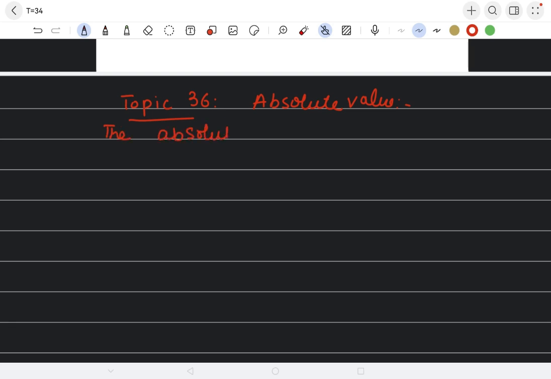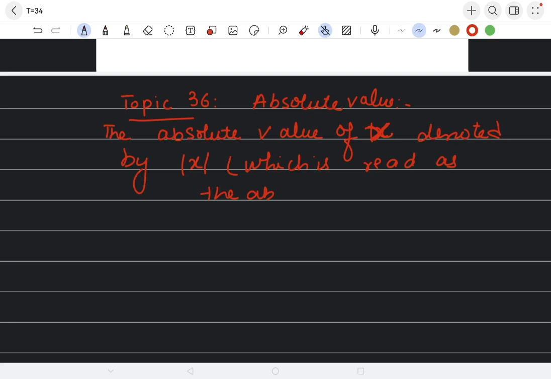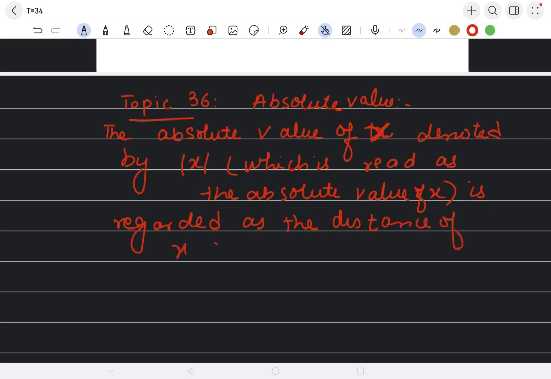The absolute value of X, denoted by modulus of X, is read as the absolute value of X, and it is regarded as the distance of X from 0.